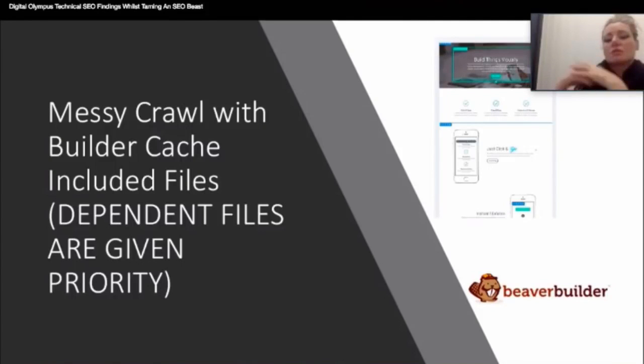For instance, with the WordPress theme builders, when we looked through server log files, we found that Googlebot comes in, crawls, fetches the URL, and then the files that go together are also crawled pretty much instantaneously, around the same time.